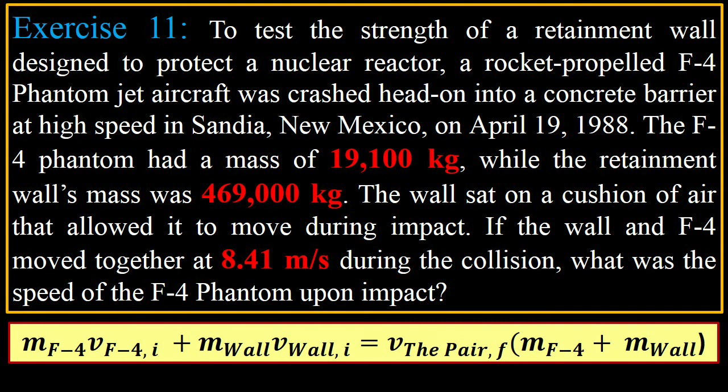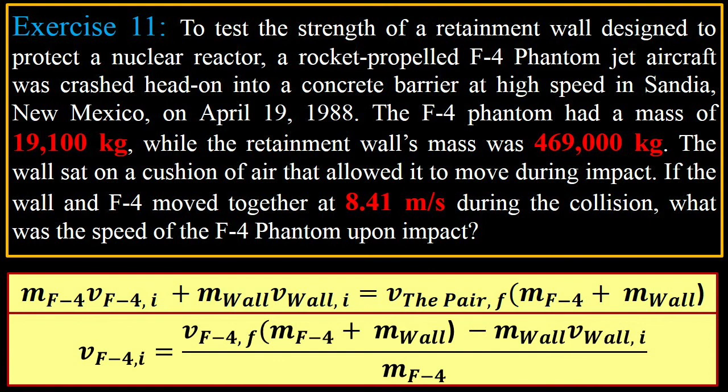And you're going to subtract off the momentum of the wall from the right side, which is 0 anyway. And then you're going to divide through by the mass of the jet. That's how you got that. So the numerator of that bottom equation is going to be actually the right side of the top equation after you manipulate it. And then you're going to divide through by the mass of the F4 Phantom jet.